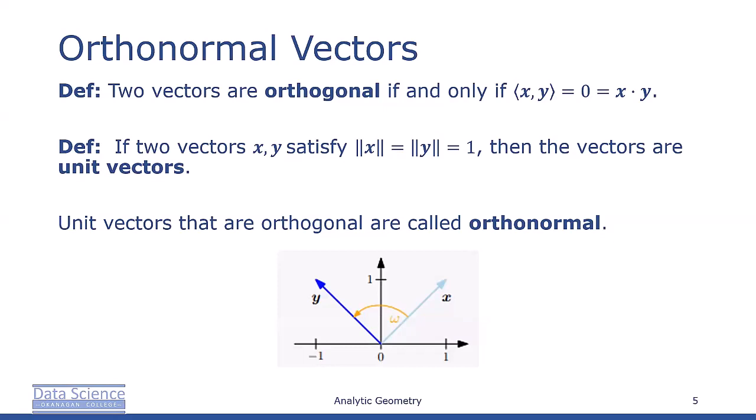Unit vectors that are orthogonal are called orthonormal. Orthogonality is the generalization of the concept of perpendicularity to bilinear forms that do not have the dot product. In our context, geometrically, we can think of orthogonal vectors as having a right angle with respect to a specific inner product.